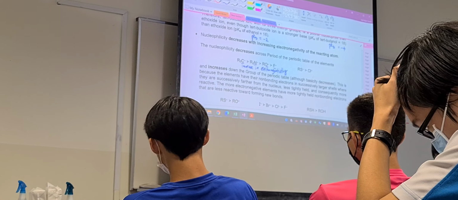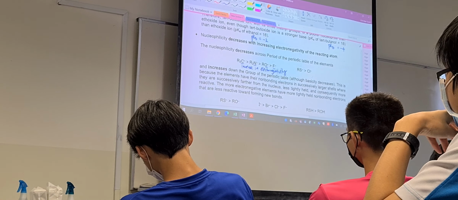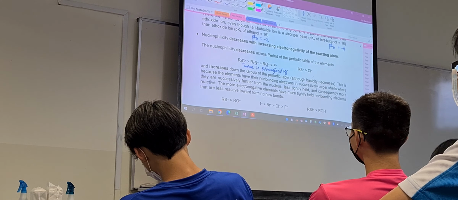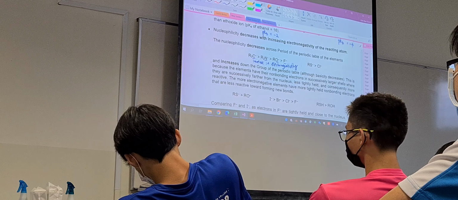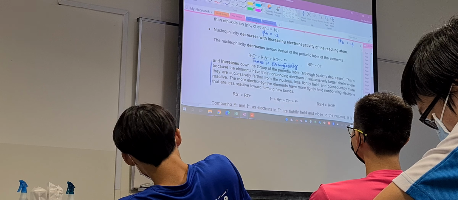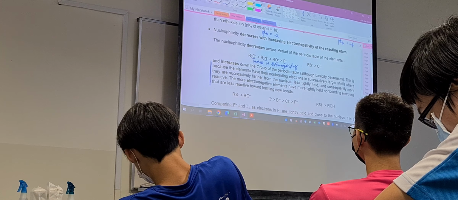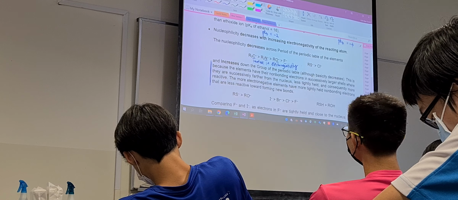Talking about electronegativity and nucleophilicity, whatever I want to say is actually mentioned in this paragraph here. It takes a while to read through the paragraph. Why do I say nucleophilicity decreases with increasing electronegativity?